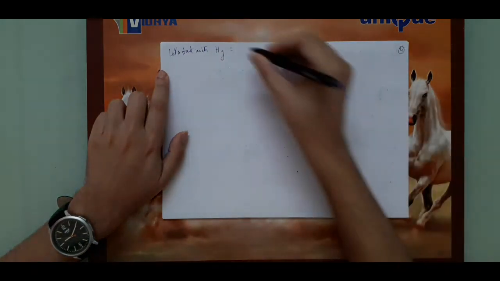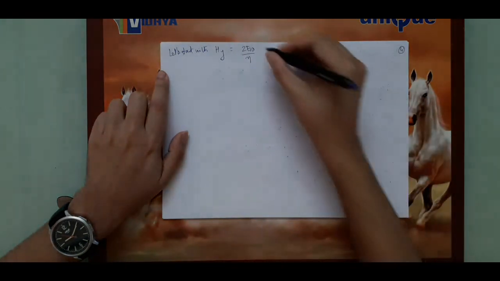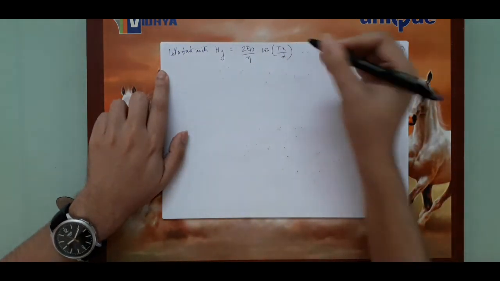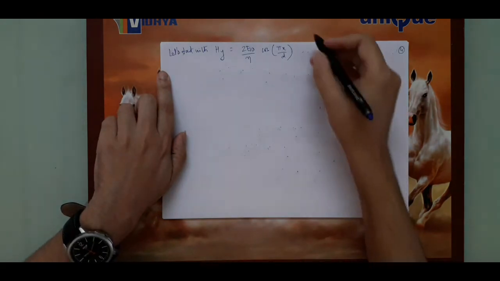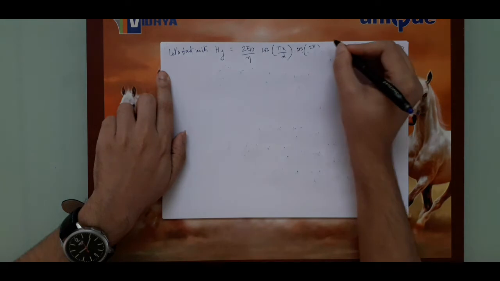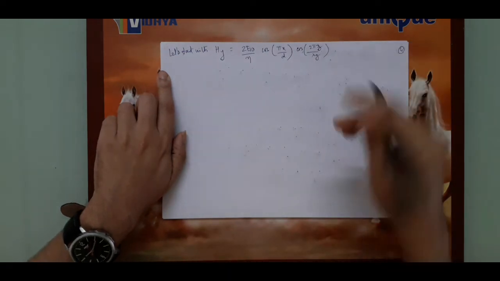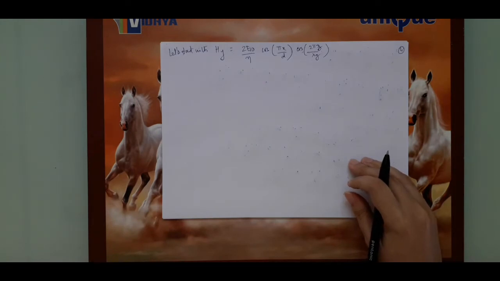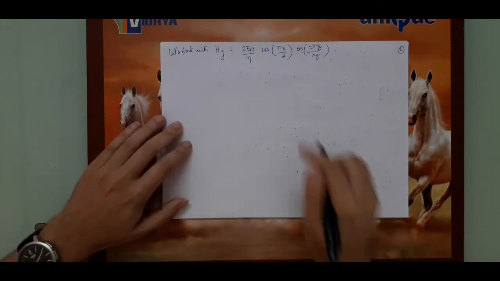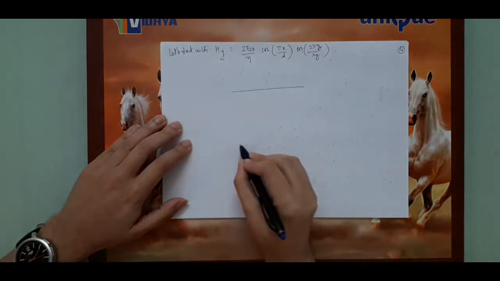And Hy, let's write it again, 2 E_i0 by eta cos pi x by d times cos 2 pi z by lambda g. So now let us draw the waveguide structure again.